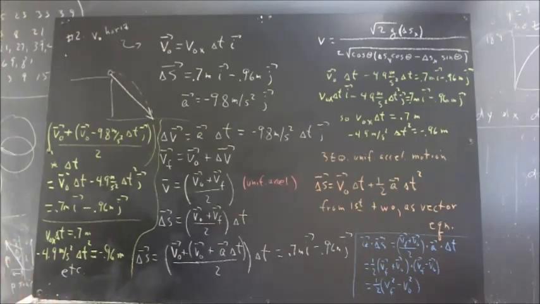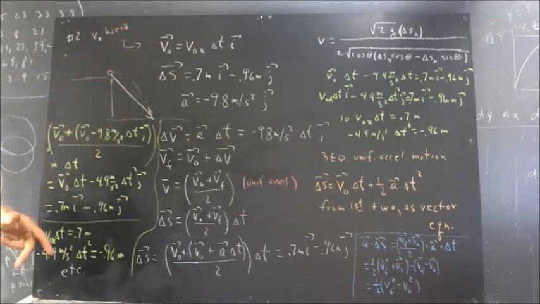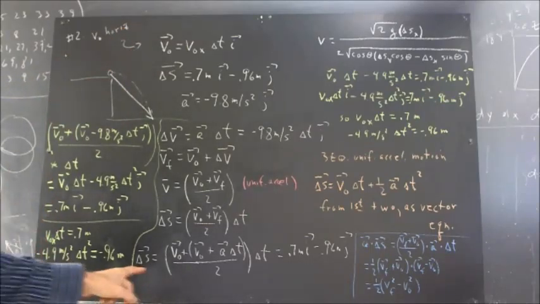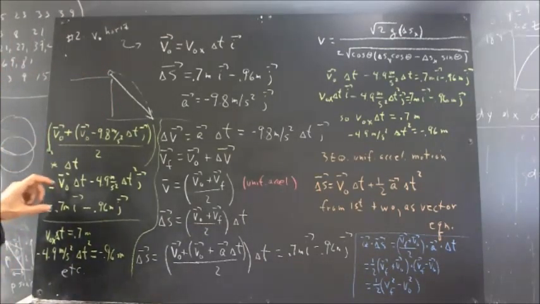The point is that we use these conditions to set up a vector equation which we then solve ultimately by setting I component equal to I component, J component equal to J component.